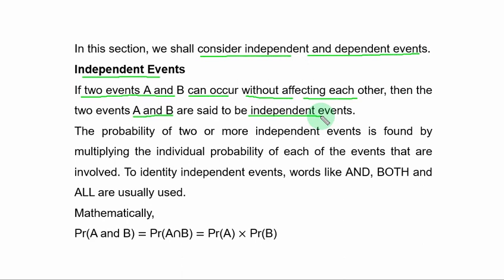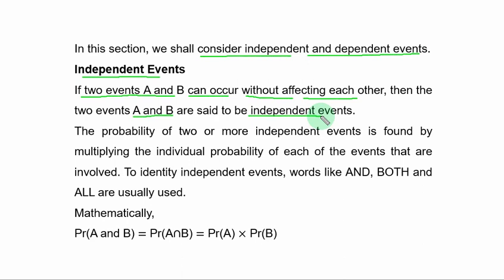Now, the probability of 2 showing and 3 showing are independent. That of 2 showing will not affect that of 3 showing. So, the events of getting 2 and 3 are independent.